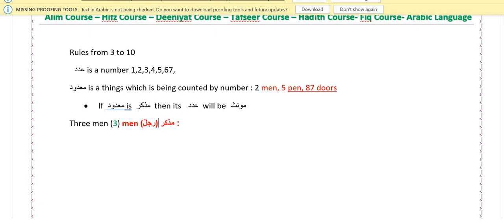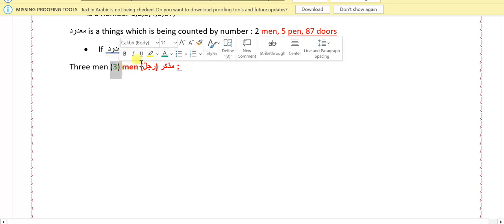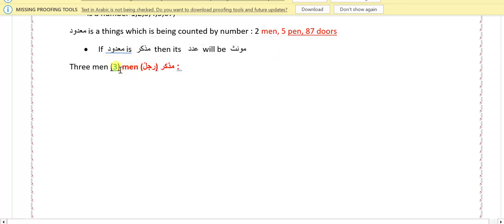Rajulun is a muzakkar word. So now we have to use a muannas adad. It means we have to use a muannas 3. So in Arabic, salasun means 3, but this salasun is muzakkar.